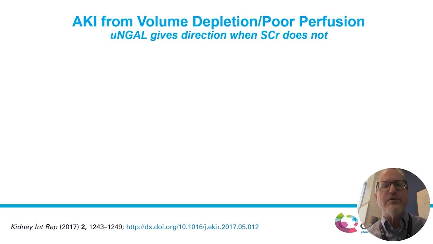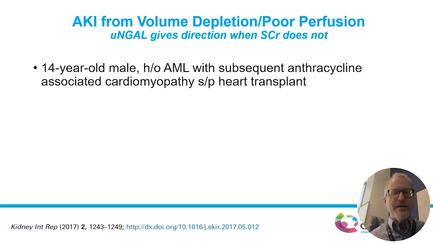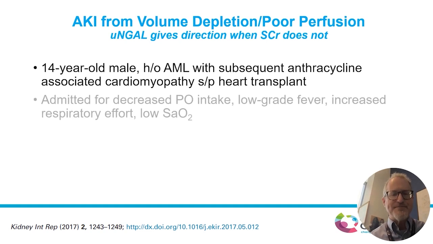Here's a case of acute kidney injury from volume depletion and poor perfusion, where urine NGAL gave direction and serum creatinine did not. The patient is a 14-year-old male, history of AML with subsequent anthracycline-associated cardiomyopathy, status post-heart transplant.